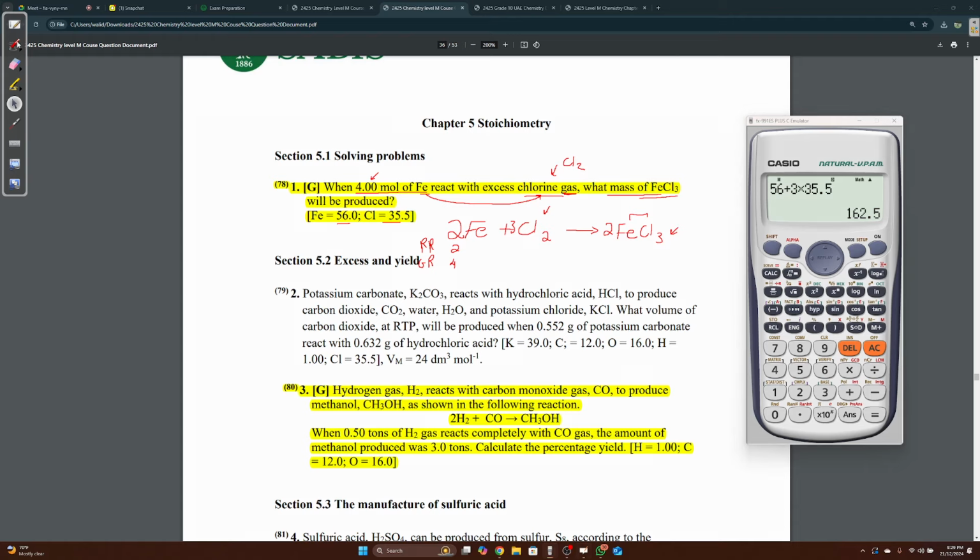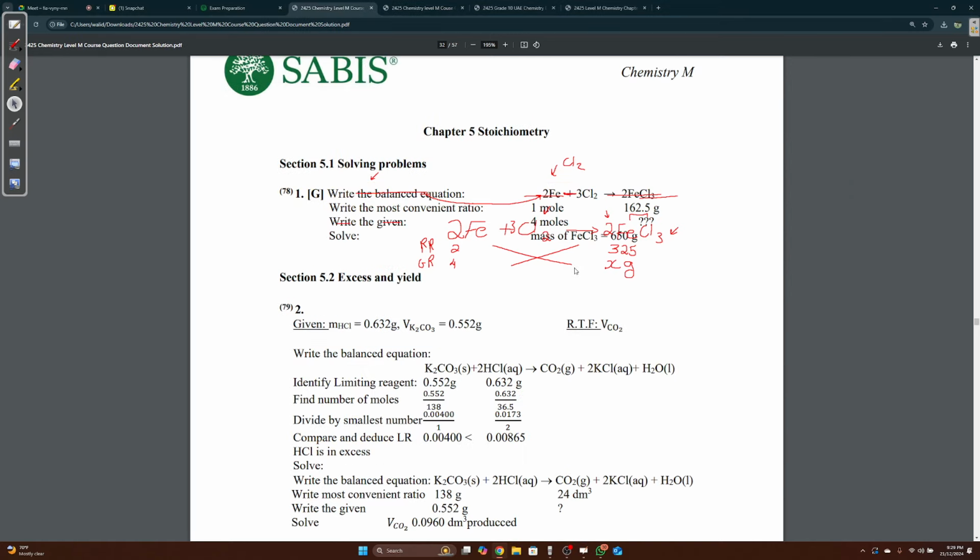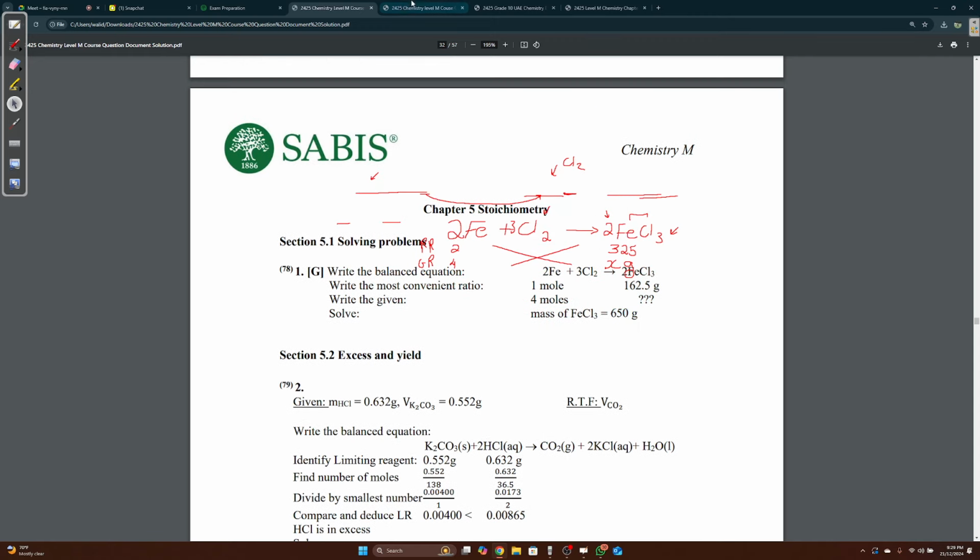But remember, in our reaction we have 2 FeCl3, so multiply by 2. So it's 325 over here. In your GR, we don't know how much, so we put x grams. So you cross multiply: 325 times 4 divided by 2, and you get 650. And remember, the unit is grams. 650 grams.